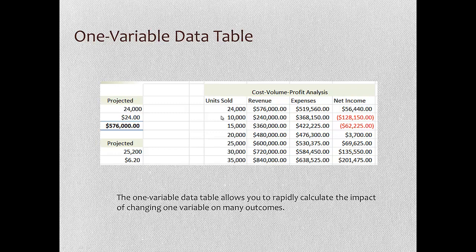This number here directly corresponds to the number in the income statement, as we'll see when we switch to the spreadsheet and I start working on building my data table.